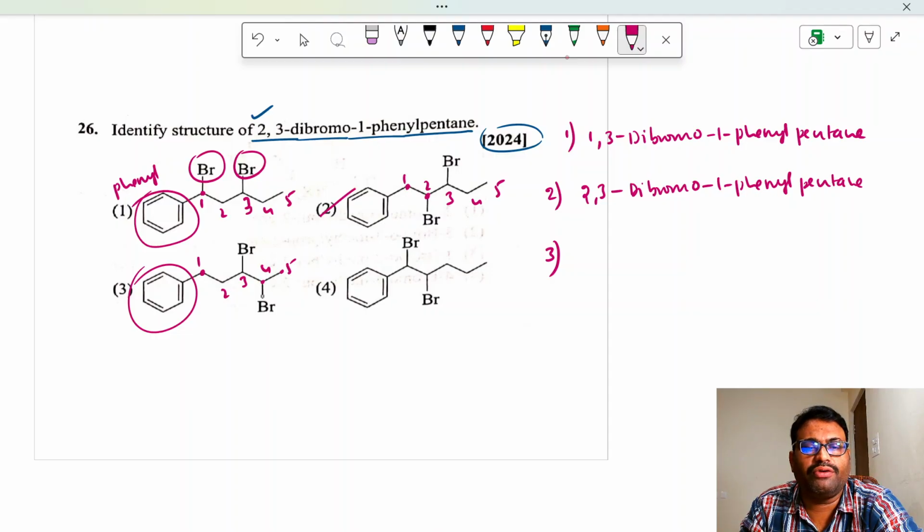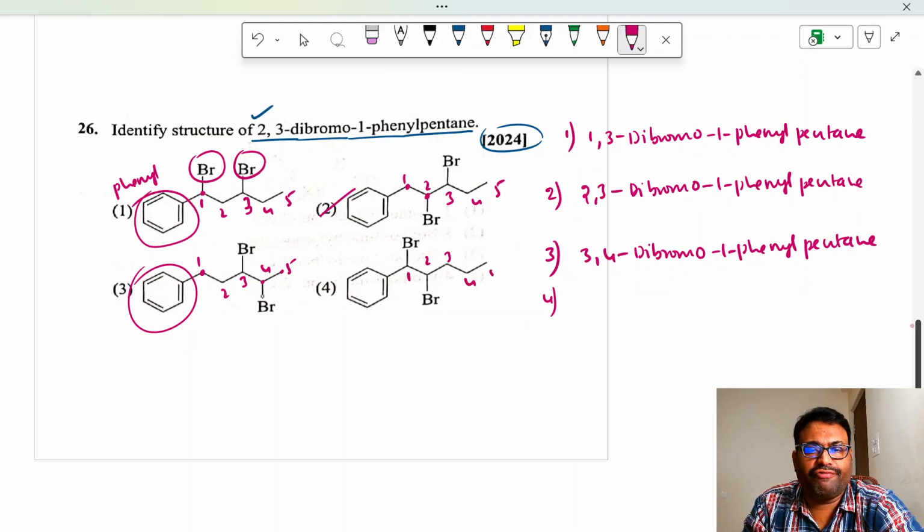Lowest locant rule we have to follow. So you write 3,4-dibromo-1-phenyl pentane. Right?